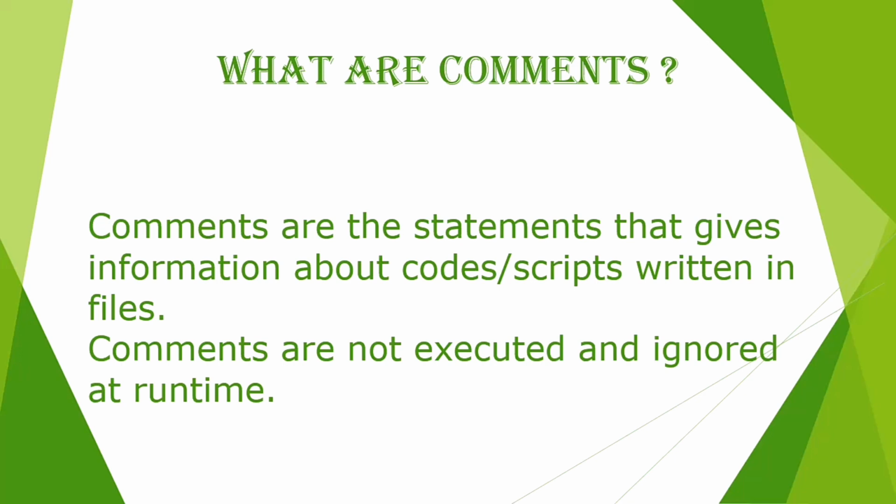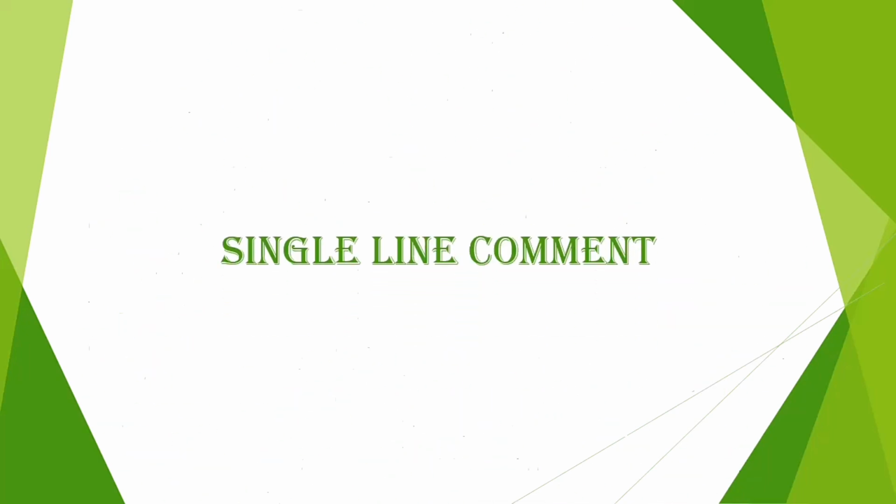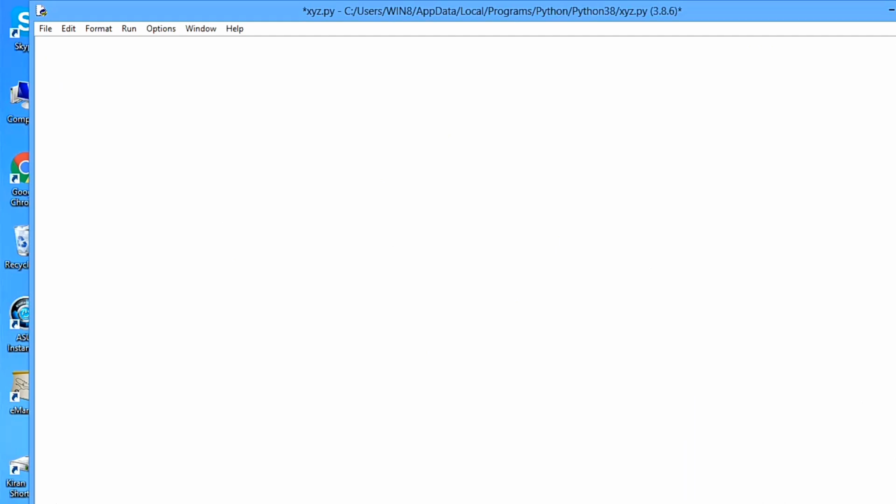Now we will see what types of comments there are in Python. First of all, there is the single line comment, and we will take an example of it to understand it better. Let us create some variables. Say ename is equal to some name, esal is equal to some number, and edepth is equal to some department name, say IT.